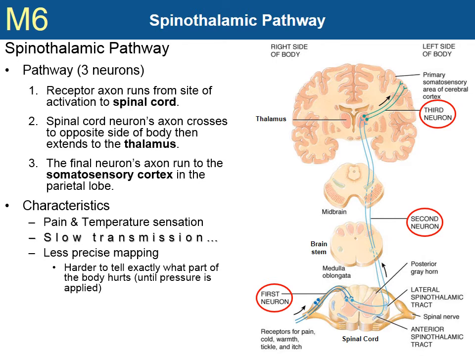You don't have to scratch right on the point. Sometimes we can feel a pain somewhere, and it might actually be hard to describe where that is. But when you apply pressure on the right point, haha, you found it. It hurts right there. There's less precise mapping of pain and temperature sensation.